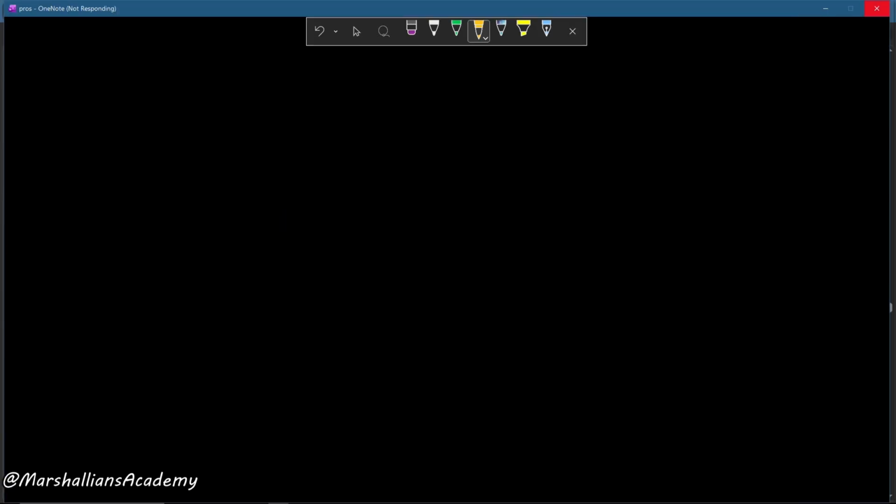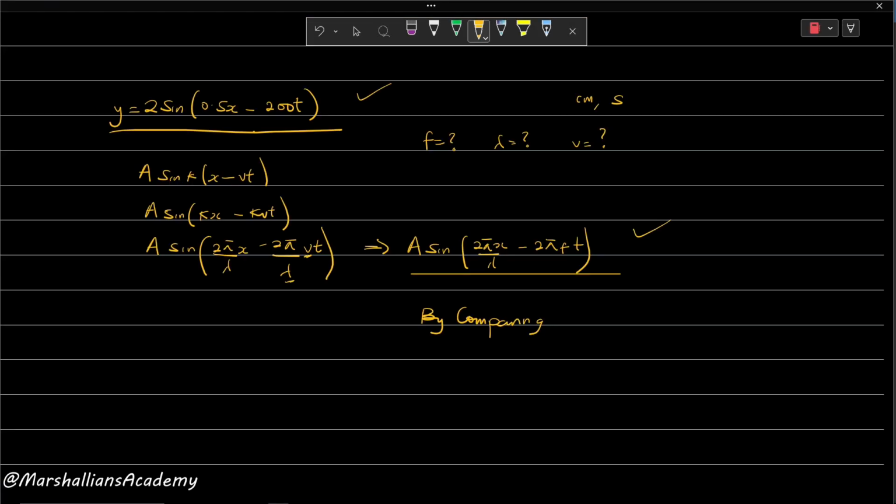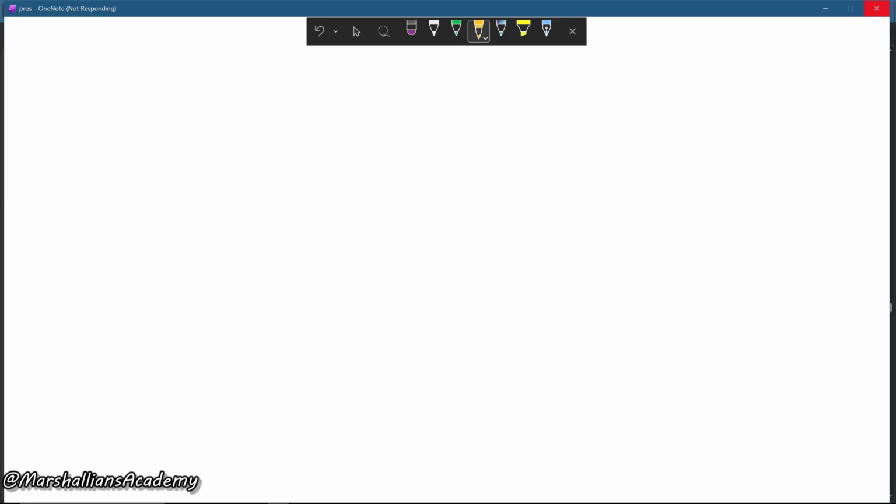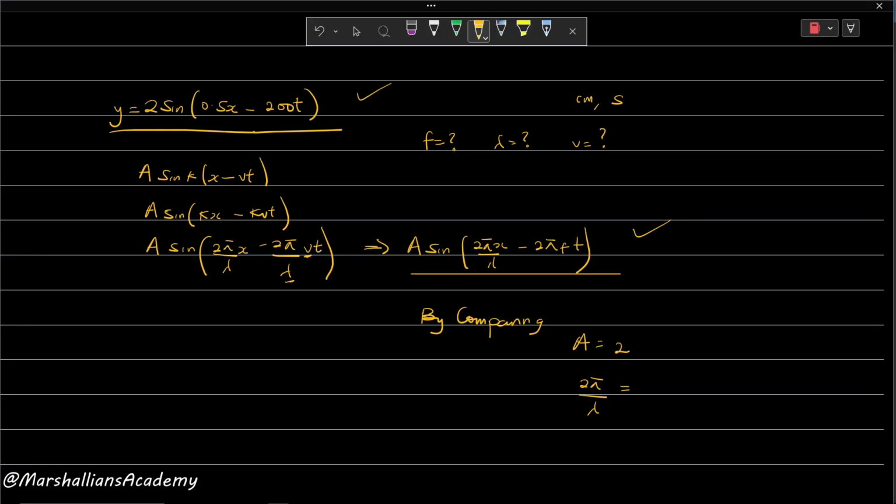I could deduce that by comparing, the amplitude is equal to 2, right? 2 pi over lambda is equal to 0.5.